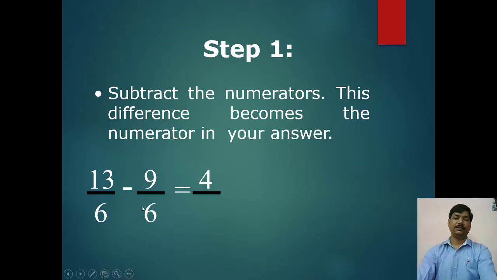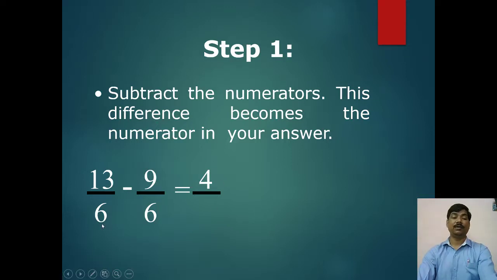These are like fractions. So subtract the numerators, 13 minus 9. Here the difference will be 4, and this difference becomes the numerator of the answer.